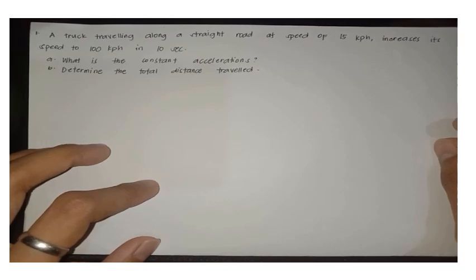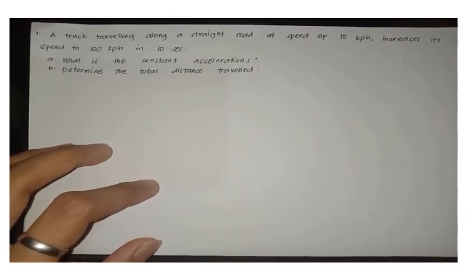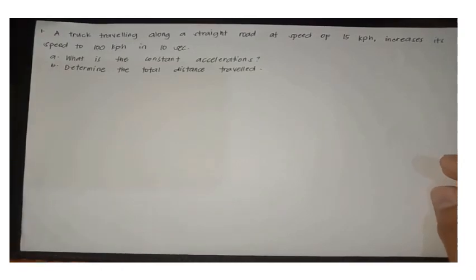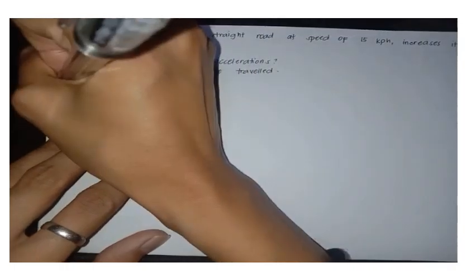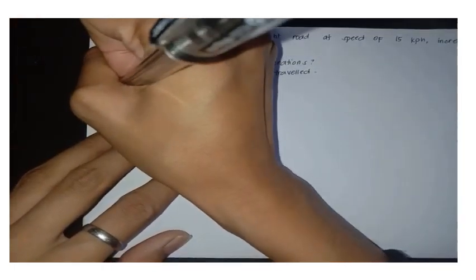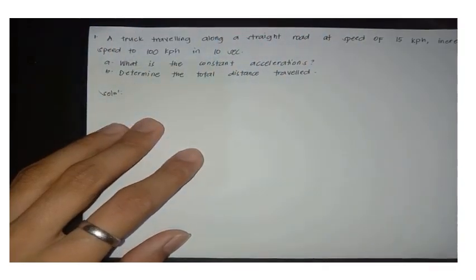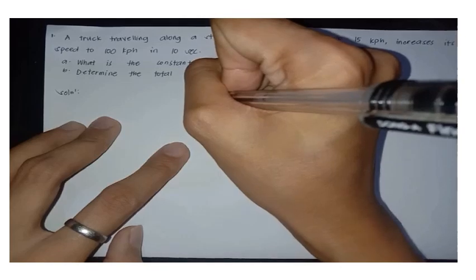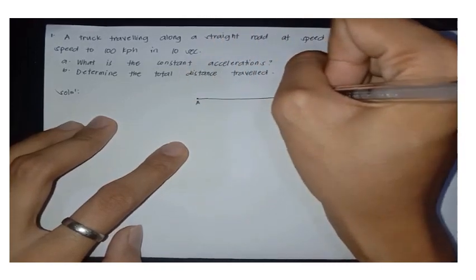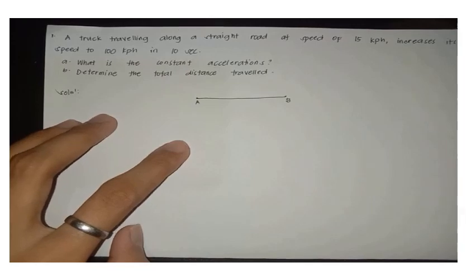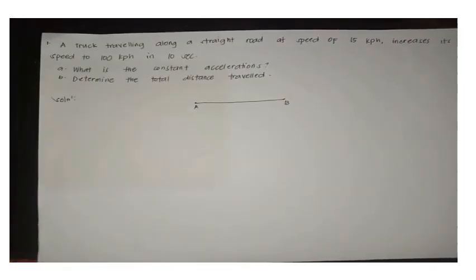This is example number 1 of rectilinear motion. A truck traveling along a straight road at a speed of 15 km per hour.